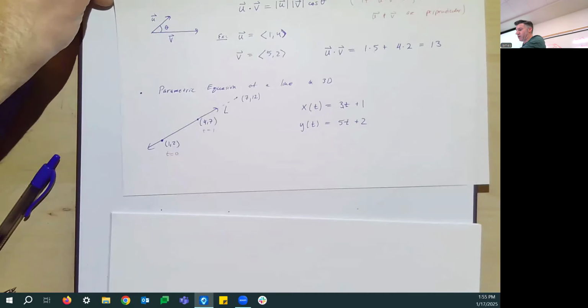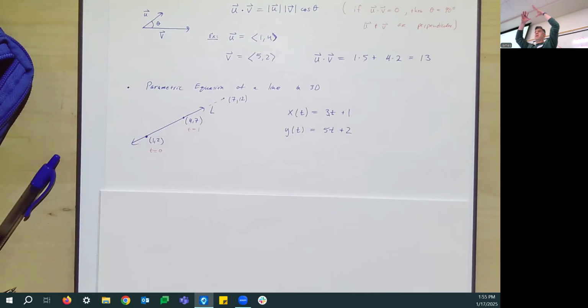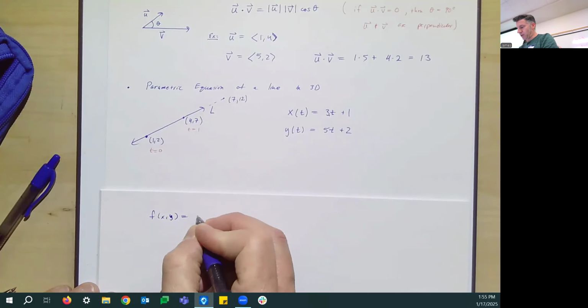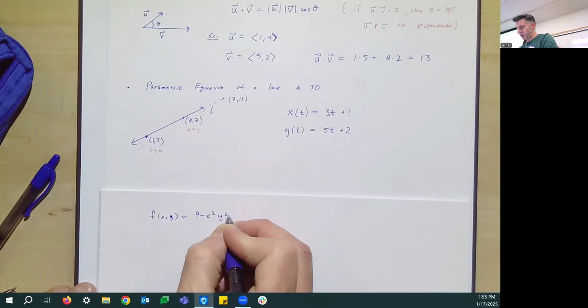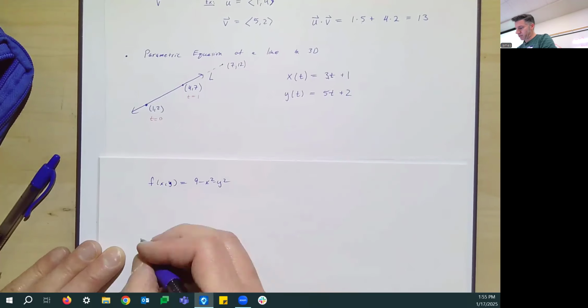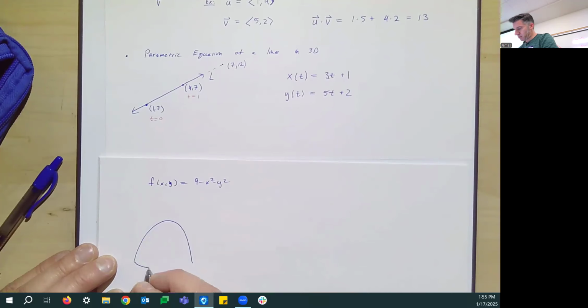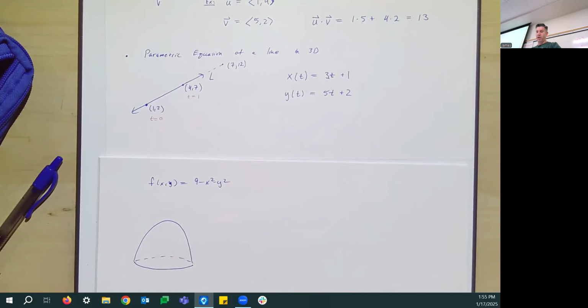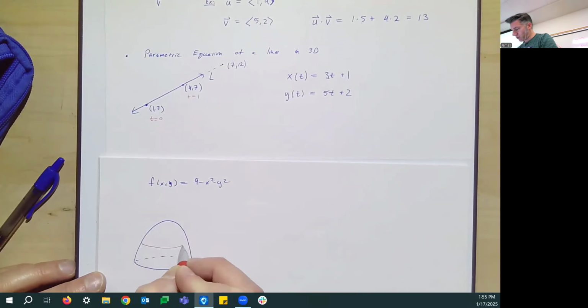So let's go back to our example of the mountain that we talked about a few classes ago, where we have f of x comma y equal to 9 minus x squared minus y squared, which looks like this. And on that mountain, we specifically had talked about the point (1, 2, 4), about right there.